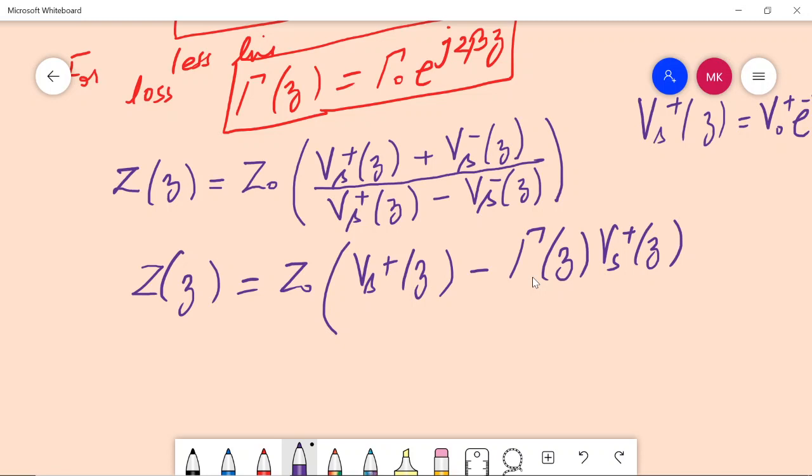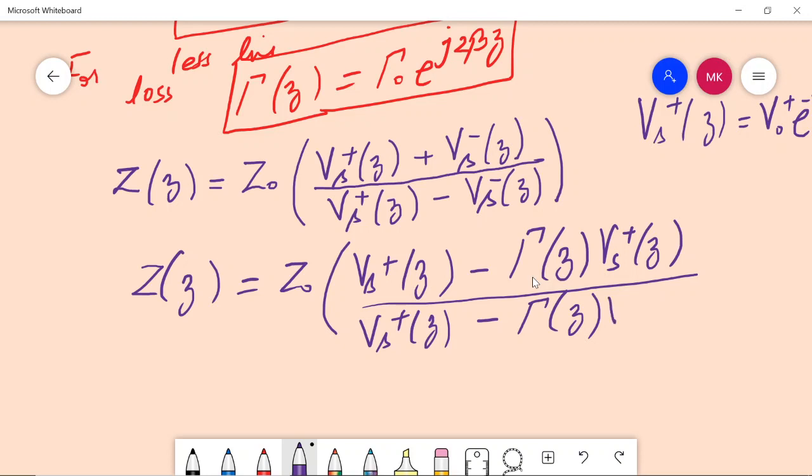So it will be the reflection coefficient multiplied by the forward traveling wave, divided by Vs plus z minus gamma z Vs plus z.